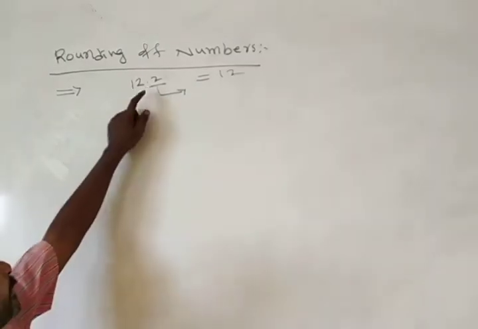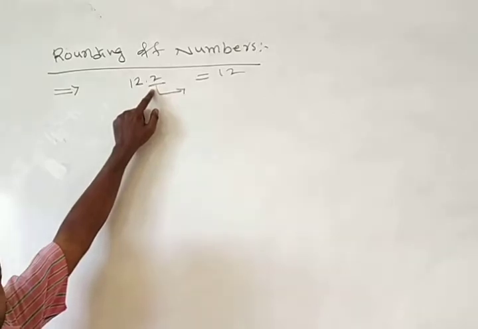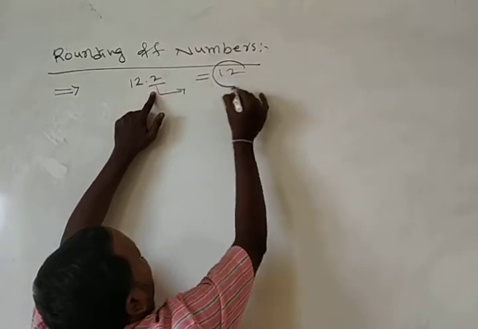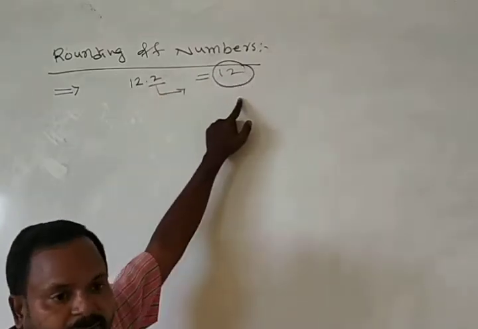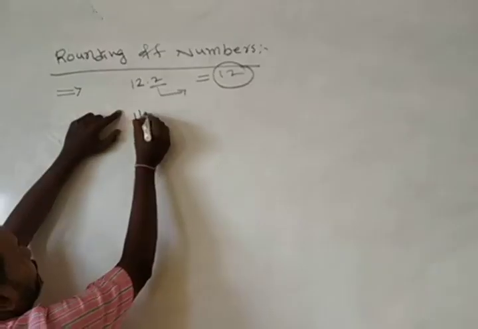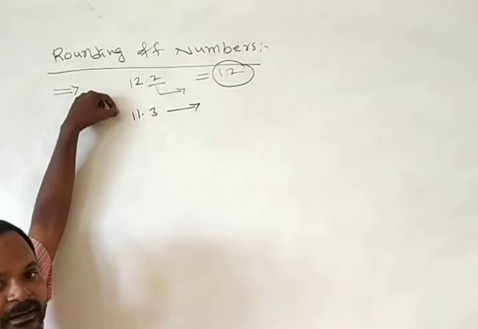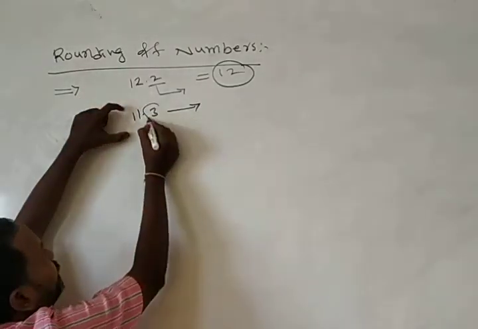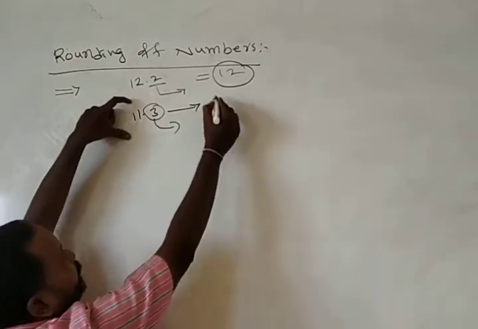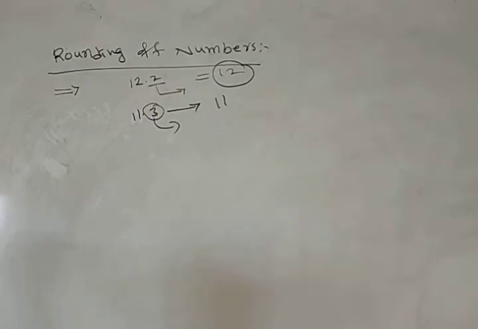That means this value is below 5, so just remove that number and round down to 12. 11.3 is there. What is the value here? This 3 is below 5, so remove it and write only 11. This we call rounding of numbers.